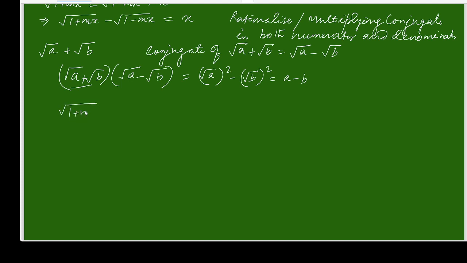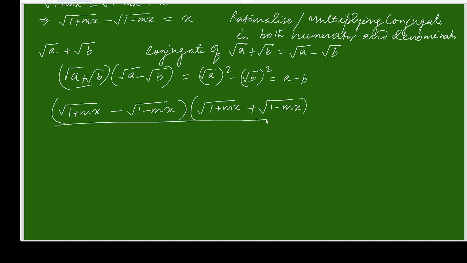Square root of 1 plus mx minus square root of 1 minus mx, its conjugate will be square root of 1 plus mx plus square root of 1 minus mx. When I multiply with the conjugate in the numerator, I'll multiply in the denominator also.